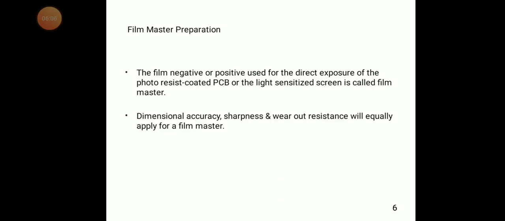The dimensional accuracy, sharpness, and wear resistance apply equally to a film master. The film master makes the basic photo film for the printed circuit board.